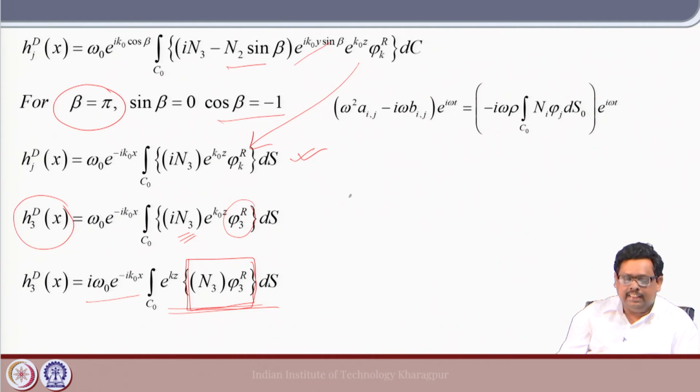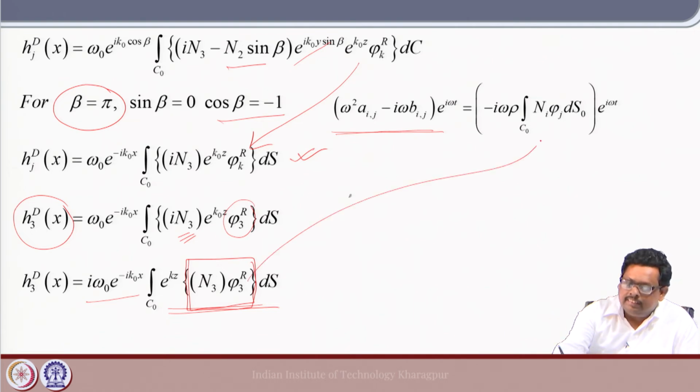Now, you see from this result I know that n I phi 3 is nothing but you can represent in terms of added mass and the damping. Now, you see this expression and this expression is very similar, only thing is that I have in integration e to the power ikz.